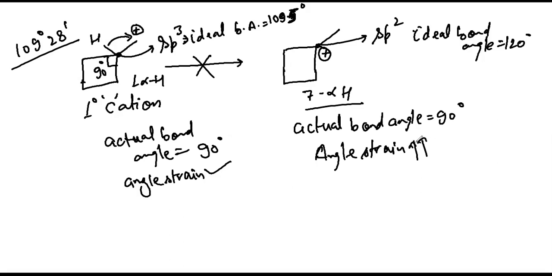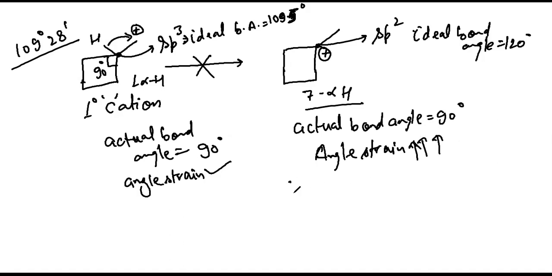Because earlier the ideal angle was 109.5, so there was just a gap of 19 degrees. Now the ideal angle is 120, so the gap has risen to 30 degrees. So the angle strain is increased.